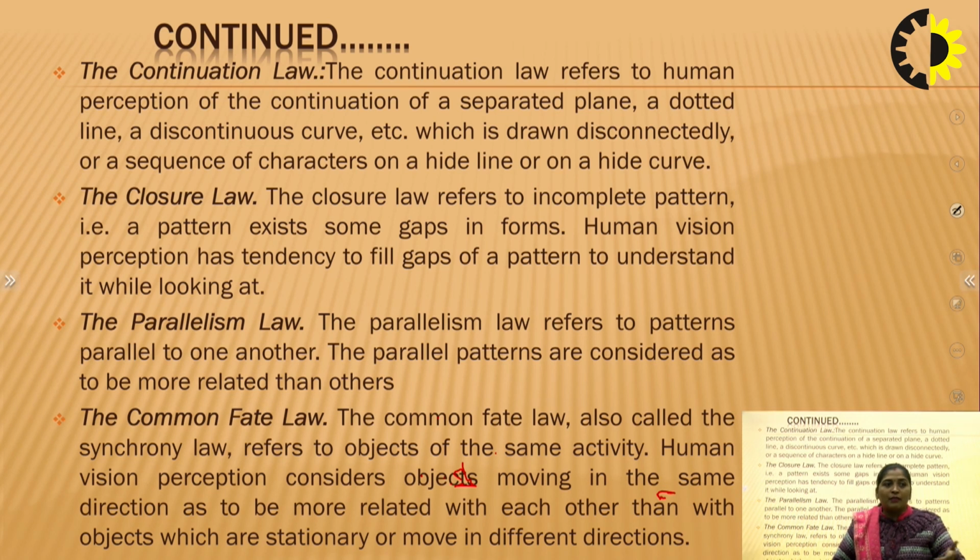That is the common fate law. We are looking for the students who are moving in a straight line, or the students who are not moving in a straight line. So the common fate law means we are looking for the objects that are moving in the same direction, or the objects that are moving in different directions. We are looking for similarities or dissimilarities.